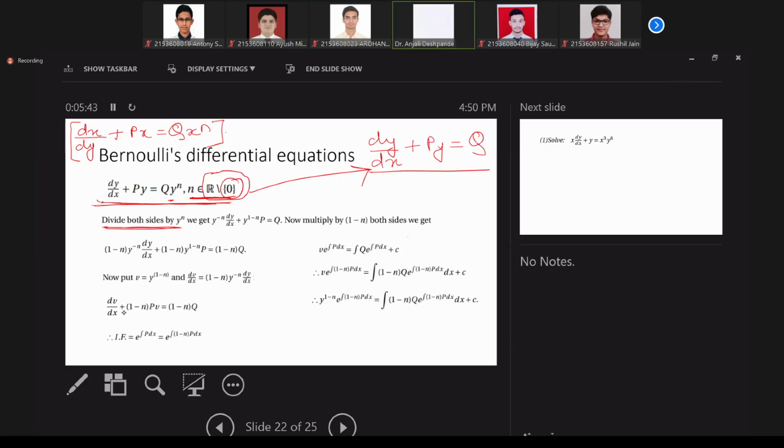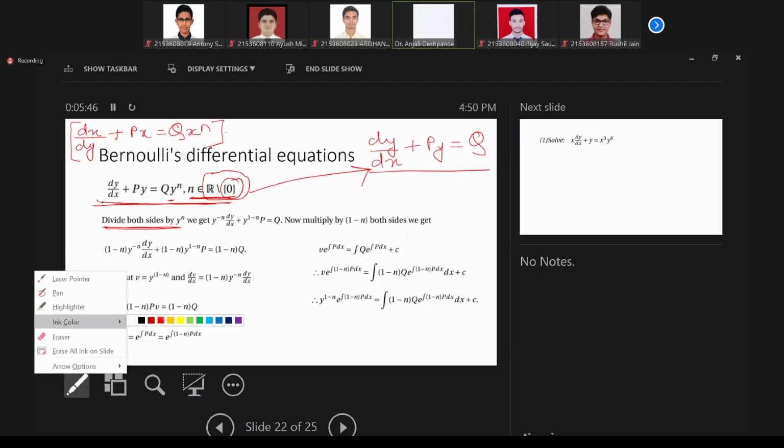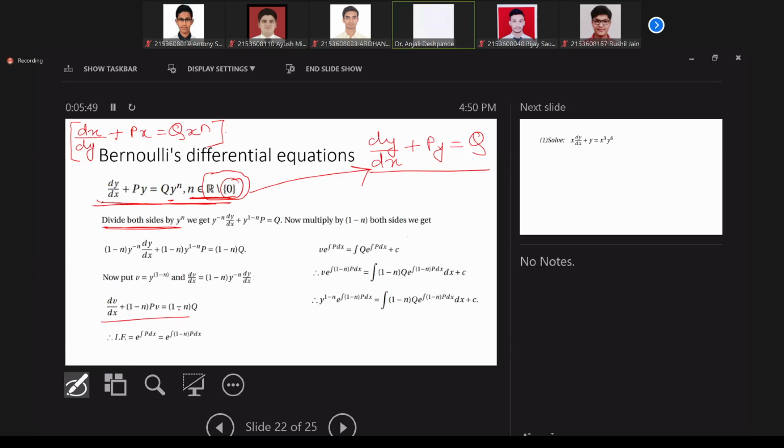So we are here. Now what has happened? Now we have got this equation. Now we can write the integrating factor as usual. For this integrating factor, the only thing is you remember 1 minus n also will be considered, not only p. So you will write e raised to integration of 1 minus n p dx. And then your solution is again the same way.